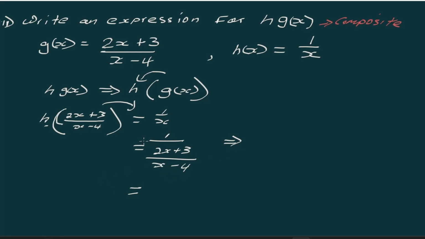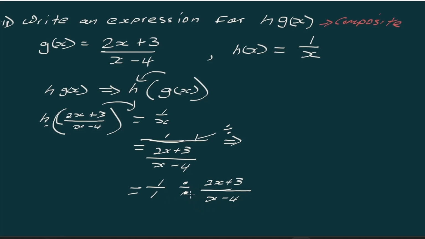So 1 over 2x plus 3. So we have a fraction here, so we could restate this as 1 over 1 divided by 2x plus 3 all over x minus 4, because this is a division line here.